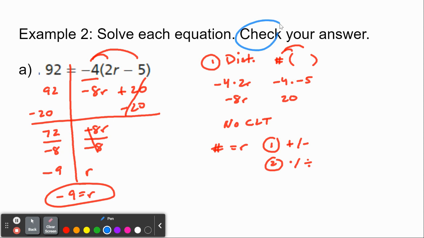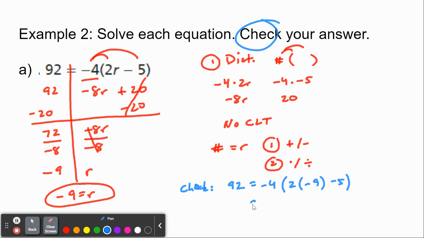Let's check our answer real fast, and I don't have a lot of room, but I'll do it right here. So remember, to check, you're going to take that -9 and plug it in for r, so our equation will say 92 equals -4, parentheses 2, parentheses -9, close parentheses -5, and close the big parentheses.